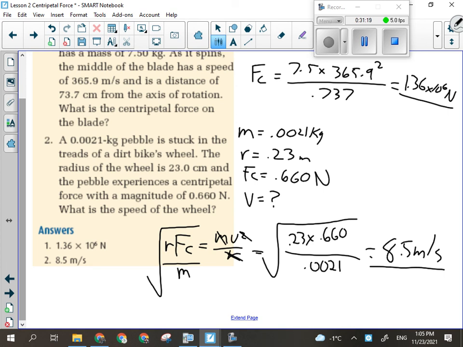That is a very common manipulation of that formula. We very often are asked to solve for speed in centripetal force problems, so being able to do that manipulation is pretty important. Questions on either one of those?